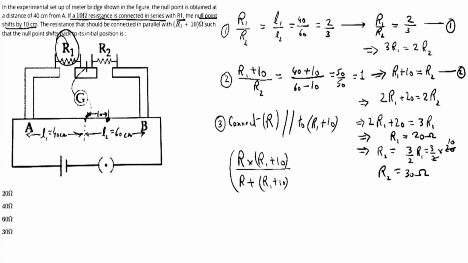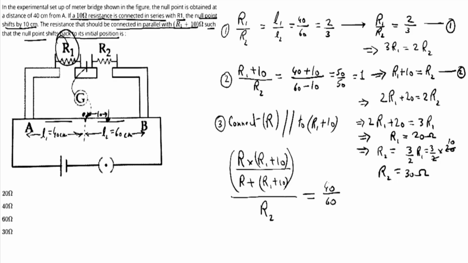This is the resistance we have. This is divided by R2, and we have equal after connecting parallel with R1 plus 10 such that the null point shifts back to the initial position. It means the null point is shifted again to this point, which says this is 40 and this is 60. So we have 40 divided by 60.